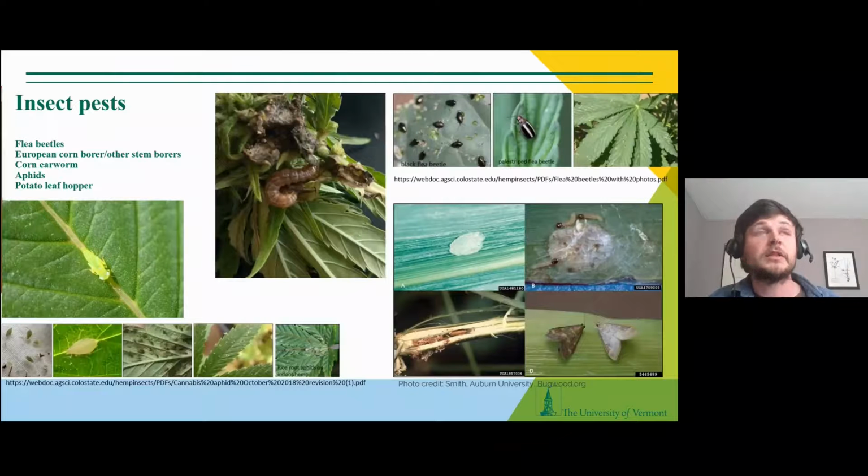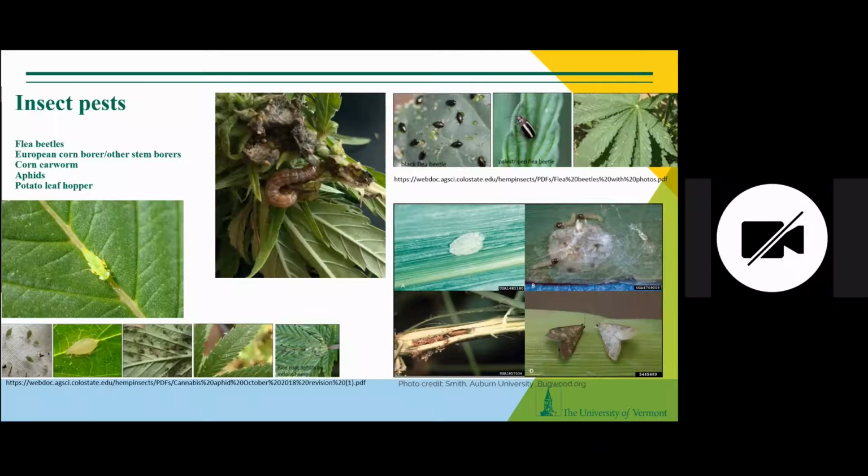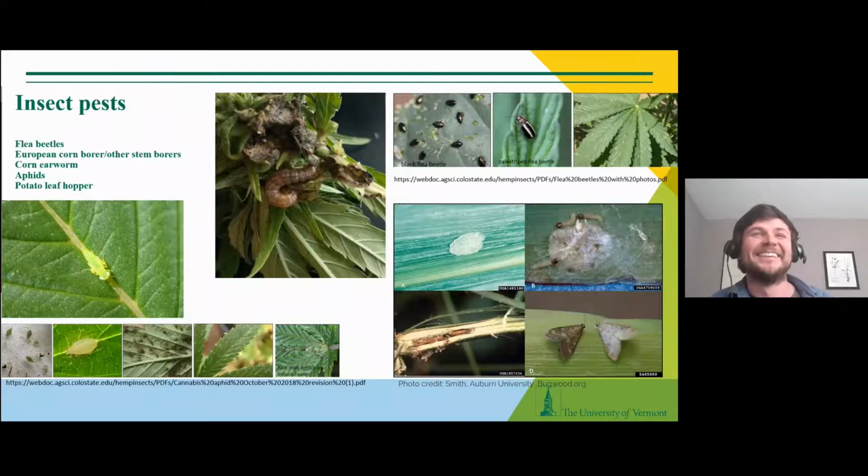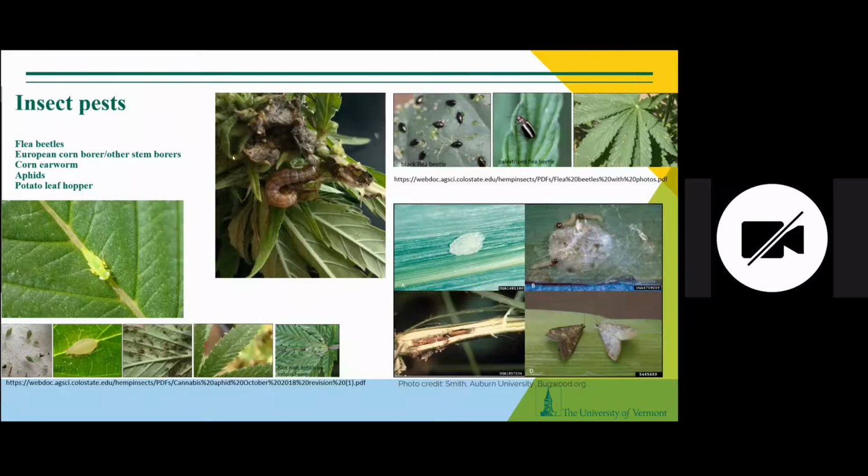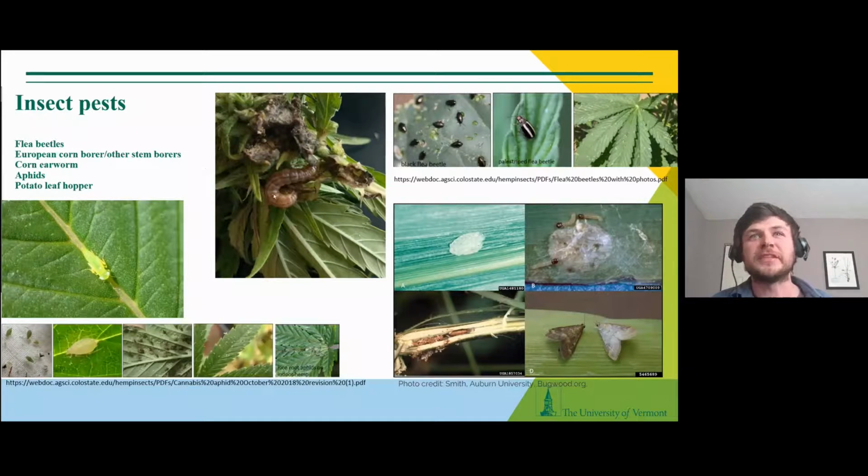Scott's going to talk a lot more about insect pests tomorrow, I believe. But I'm just going to touch very briefly on a few of the things that we've seen in our variety trials. Part of what Scott's going to talk about tomorrow is this Vermont and multi-state scouting or pest survey.